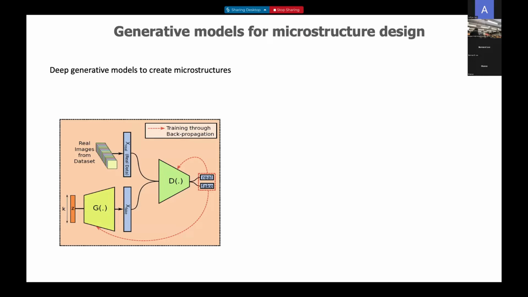People have shown, and the community has shown, that generative models can create very realistic images, faces, and people recently have shown that you can also create a lot of realistic images in astronomy and climate science.